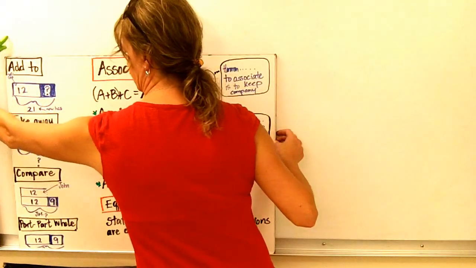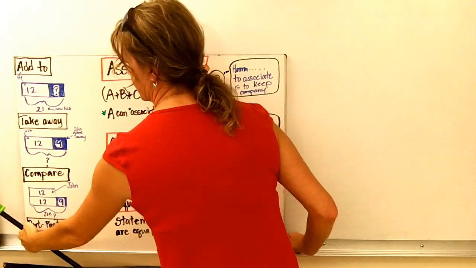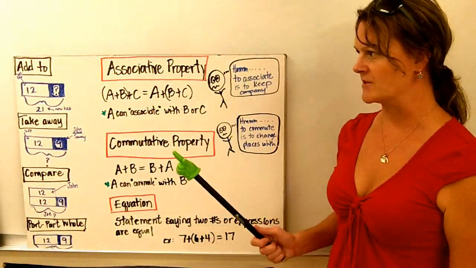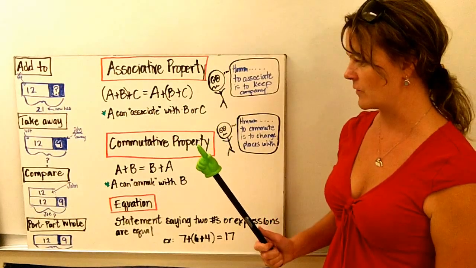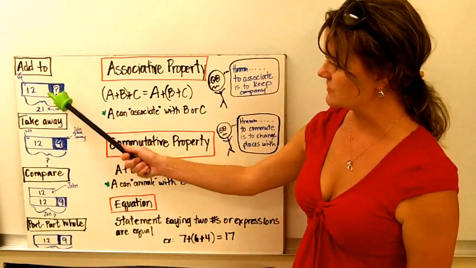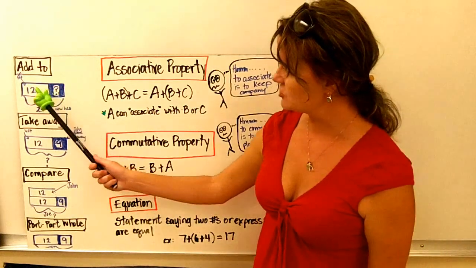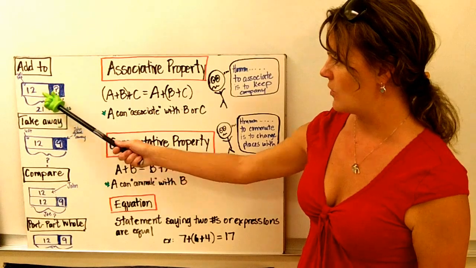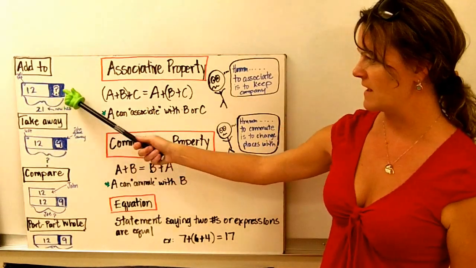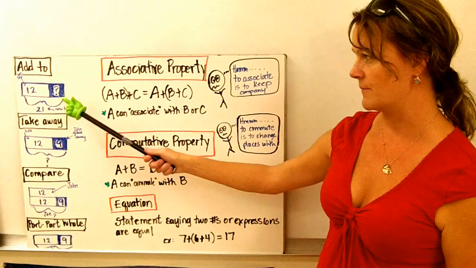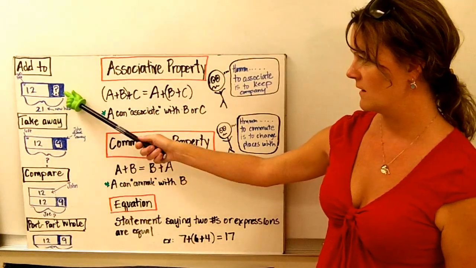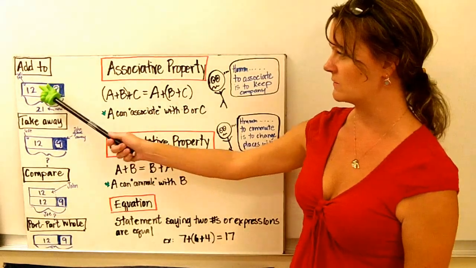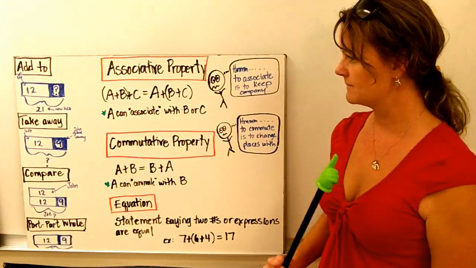Now we're going to talk about some specific types of those addition problems. Remember, the first learning target was about the add to, take away, and part, whole, and the compare problems. So when we have an add to problem, this is an example. If Joe had 12 basketballs, and then he received a few more basketballs, and now he has 21, this will help us figure out how many he added to his original 12 basketballs.